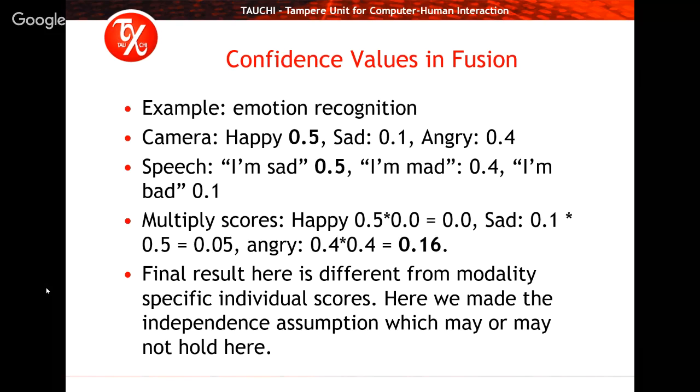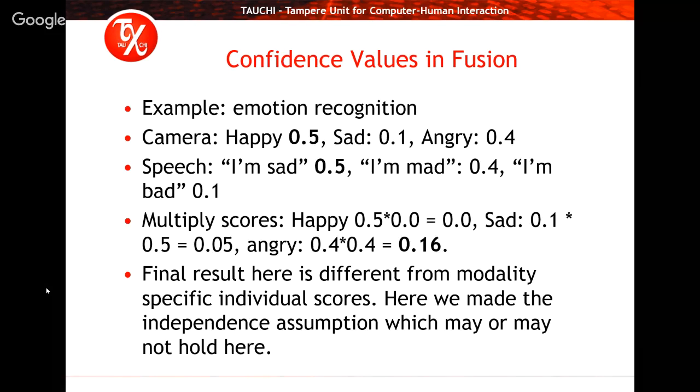So camera says most likely happy, speech says most likely sad. We multiply the scores. Okay, happy, because the speech didn't say anything about happy, we get confidence of 0, so together we think that happy is not possible.